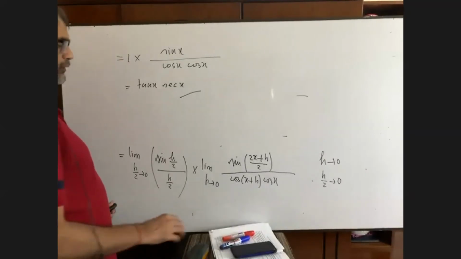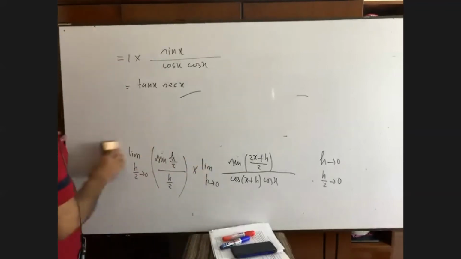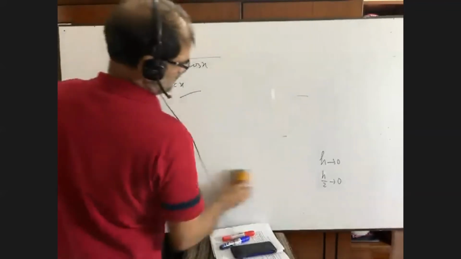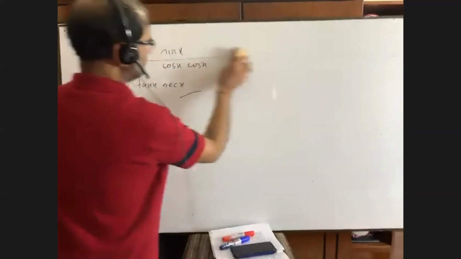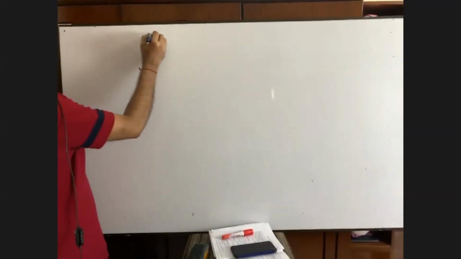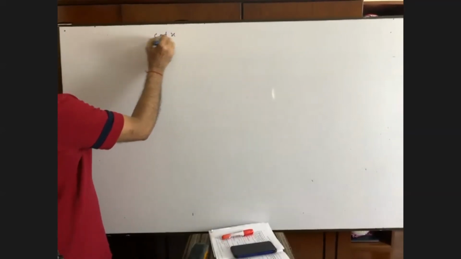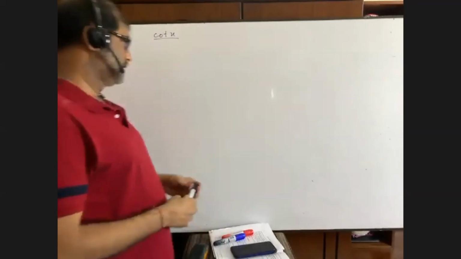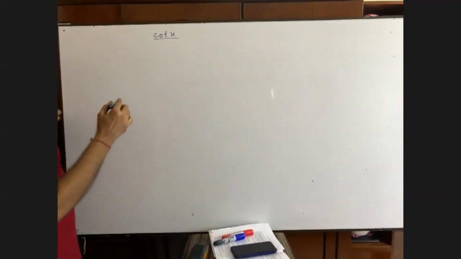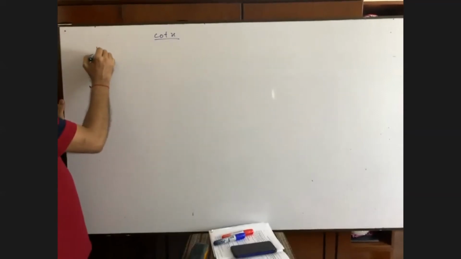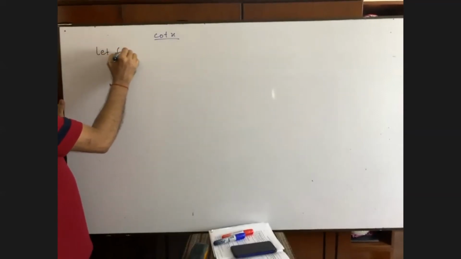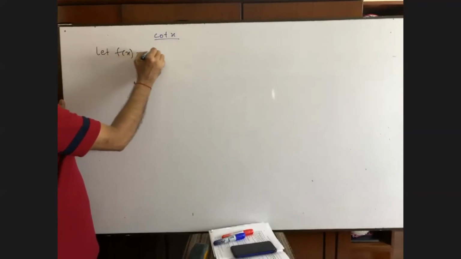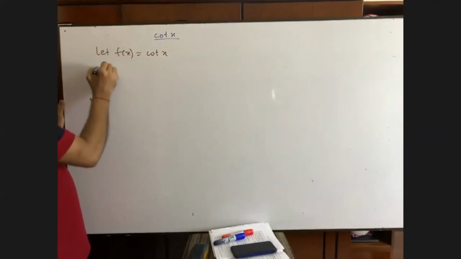Now we are left with only cot x. Write down cot x. In the same way, we can do the math. Let f of x equal cot x.